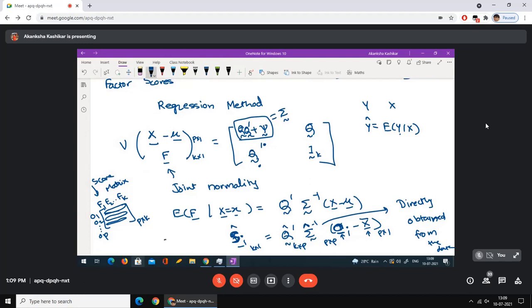Once you have factor scores, you can get the score matrix, you can get a score plot, which can be used again in classification, etc. Okay. So this is actually the end of the theoretical discussion on factor analysis, but I'm sure you have not yet grasped how it is to be actually used. So we will have a couple of lectures on case studies.